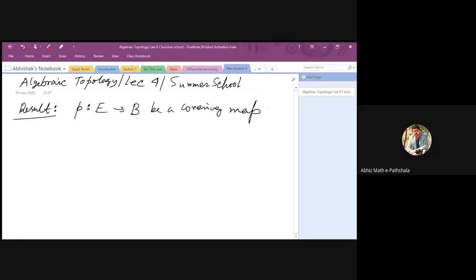then you need to fix one point e naught, and let us denote the image of e naught under P by b naught.